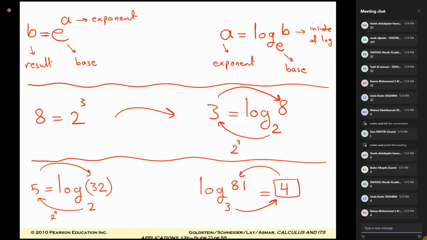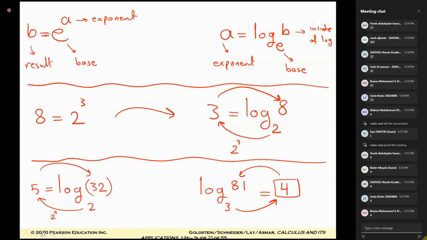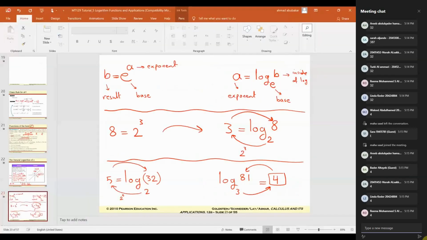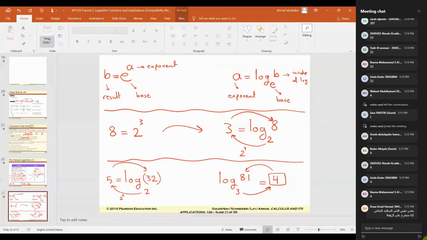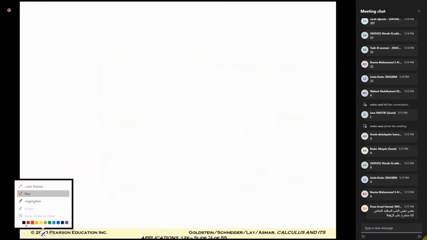Now, this is the logarithm. Sorry, I also need a slide, an empty slide. Now, the ln. ln means log with base e.